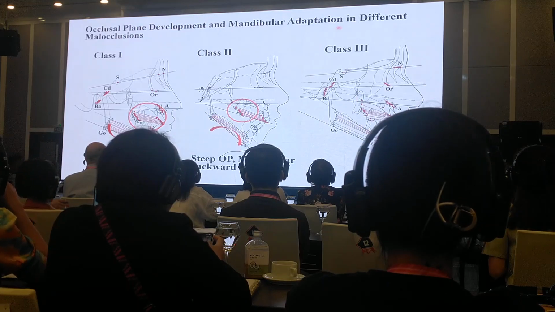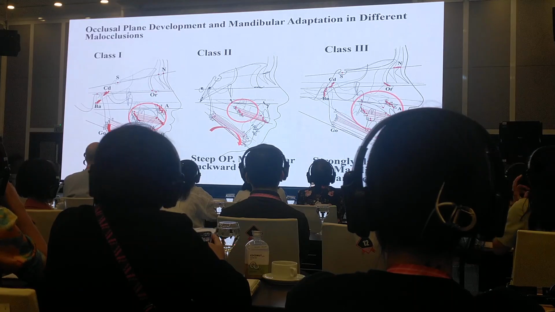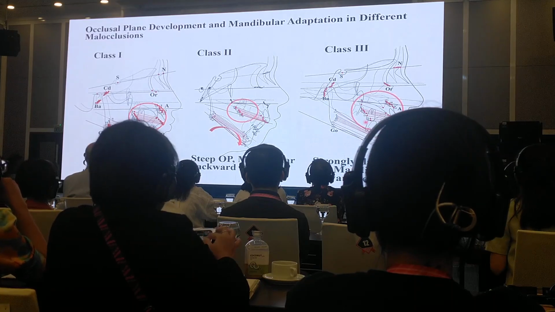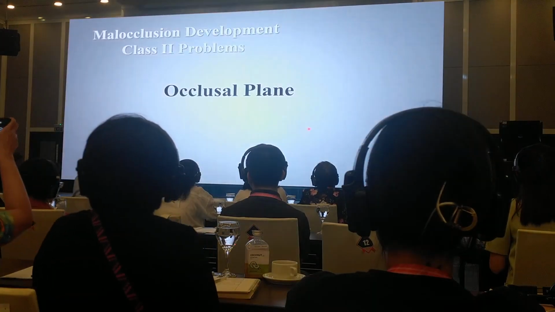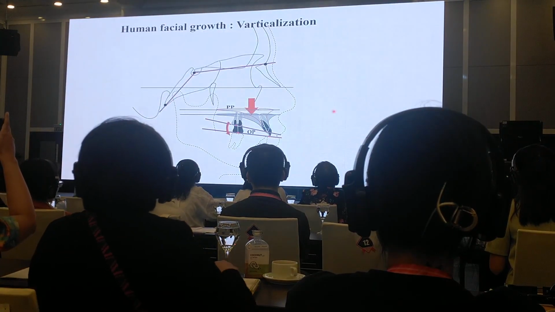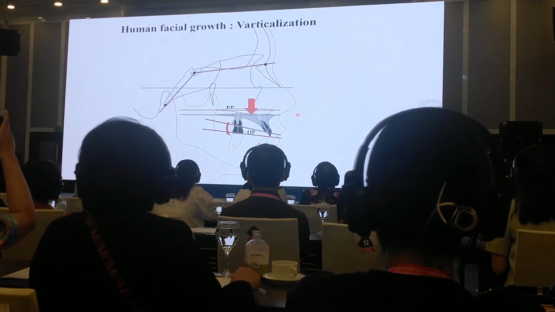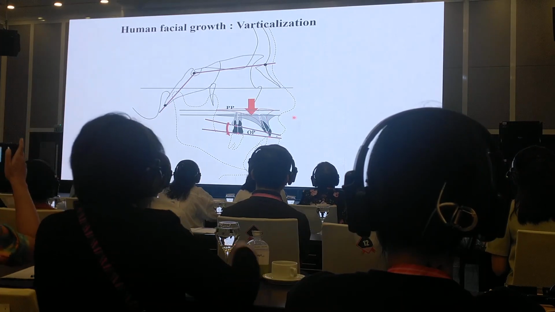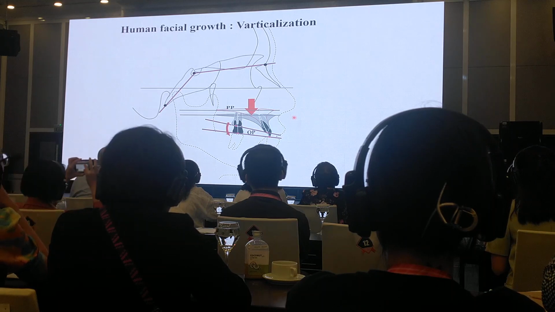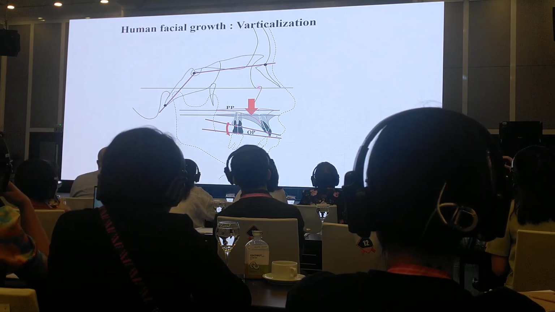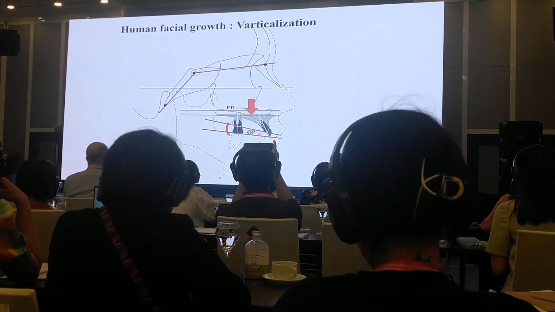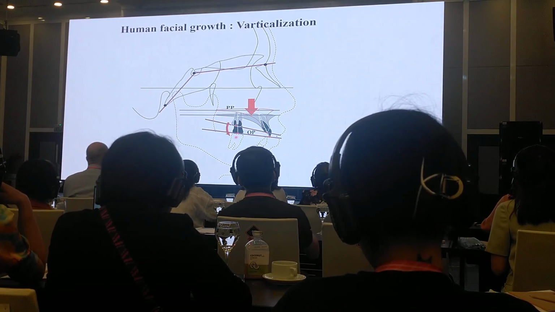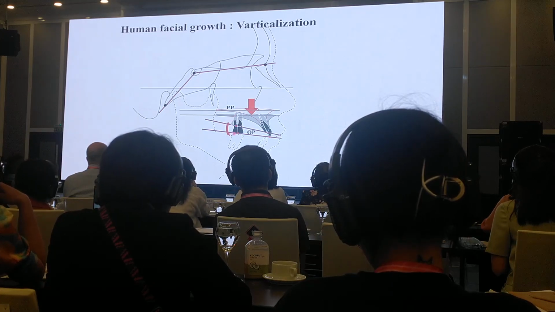I showed this class 3 case, and maybe you understand. The occlusal plane again: basically, when the vertical dimension increases, that means the maxillary complex goes down, and the occlusal plane changes like this, with the molar having more dental height.